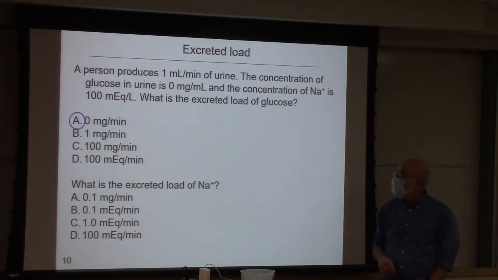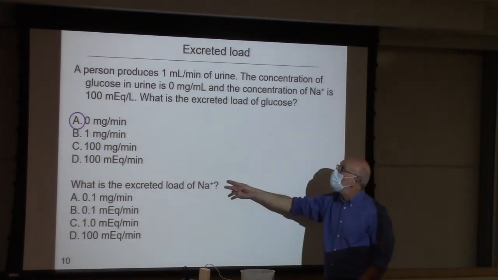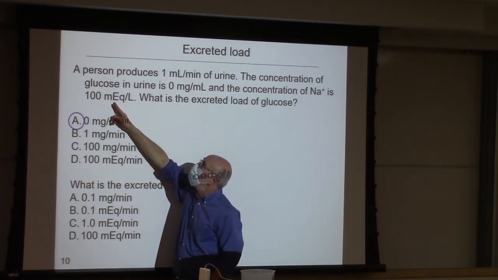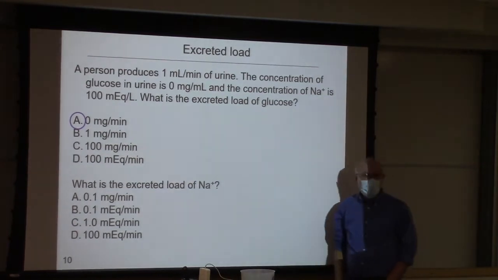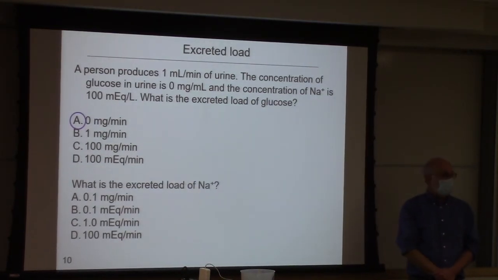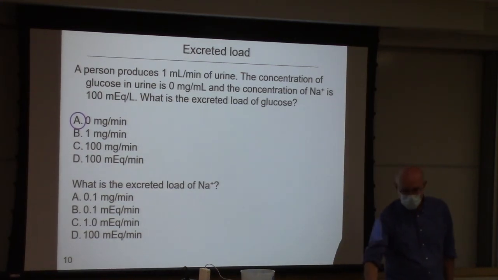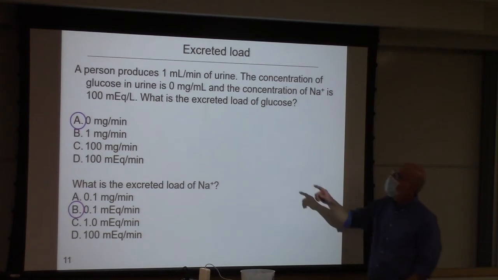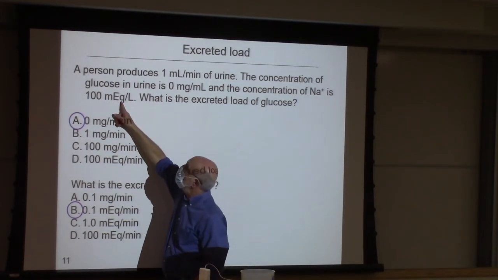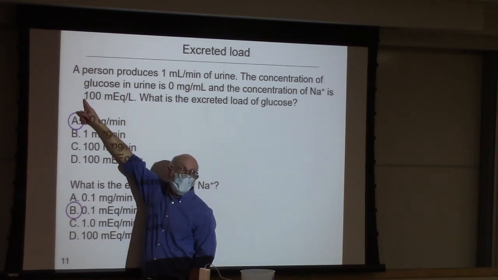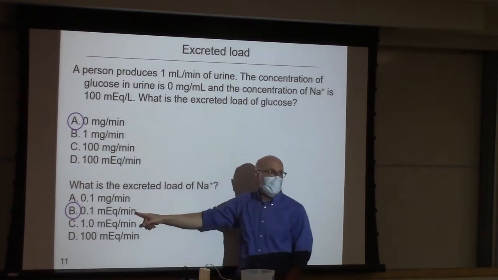What is the excreted load of sodium when we produce 1 mil per minute of urine that was 100 milliequivalents per liter in it? Some of you can do this in your head. Some of you probably need a calculator. B. 100 milliequivalents per liter is 0.1 milliequivalents per mil. 0.1 times 1 is 0.1.